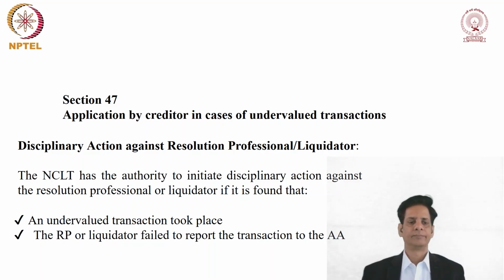Let's read the paragraph. The NCLT has the authority to initiate disciplinary action against the resolution professional or liquidator if it is found that an undervalued transaction took place and the RP or liquidator failed to report such transaction to the adjudicatory authority.